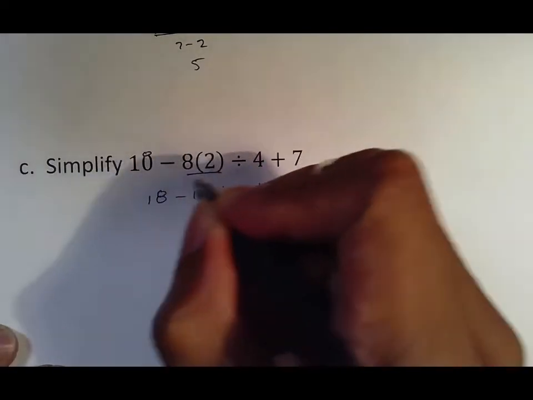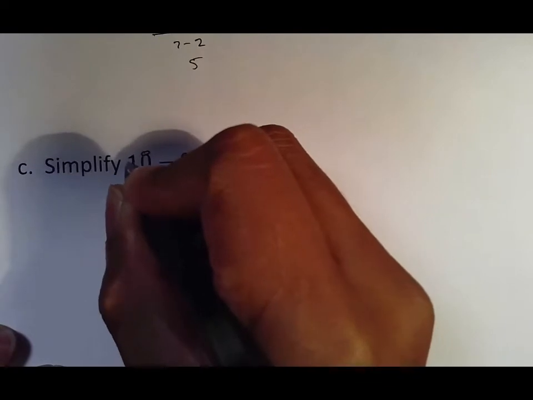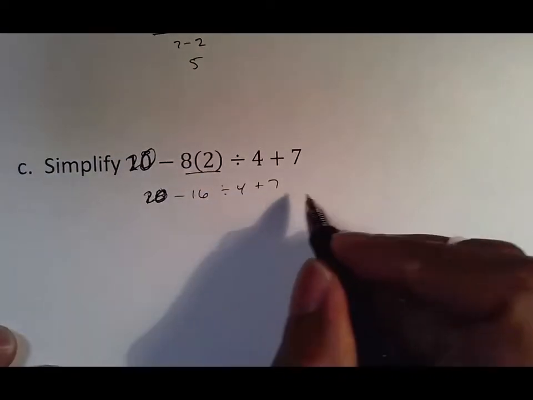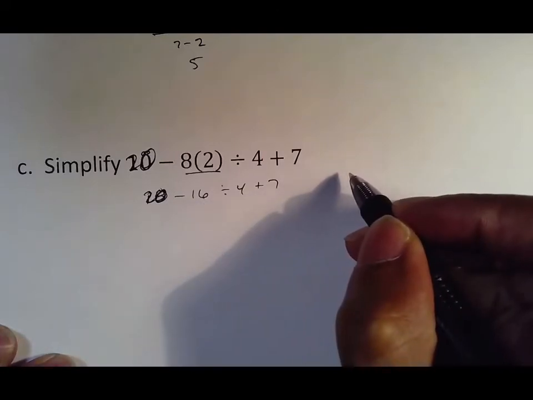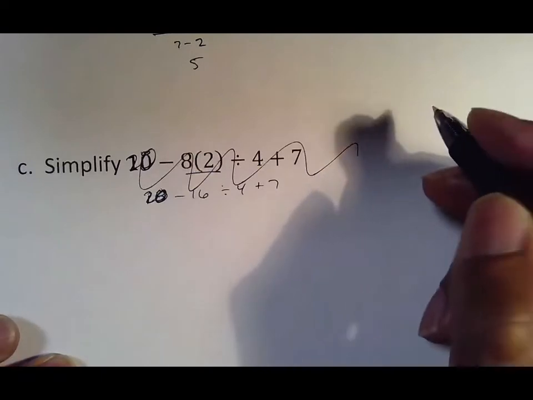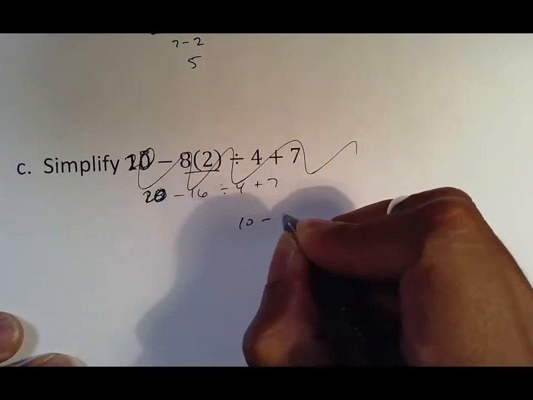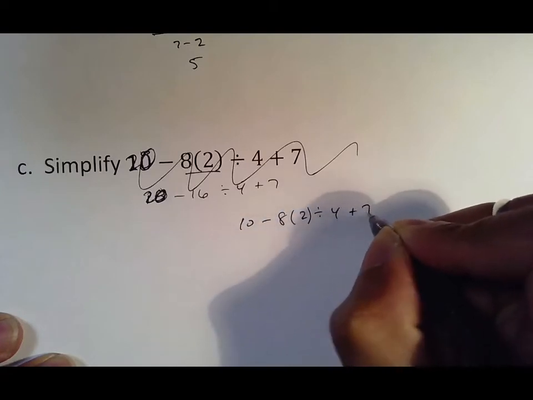Actually, we'll turn that into 20. And once we turn that into 20, we get 20 minus 16 divided by 4. Actually, I don't think we had to change it at all anyway. Sorry. The question said 10 minus 8 times 2 divided by 4 plus 7.